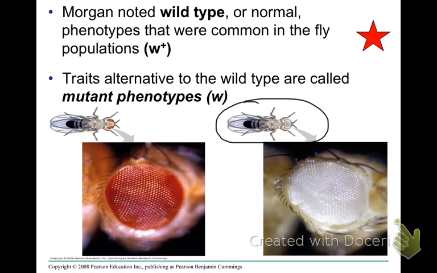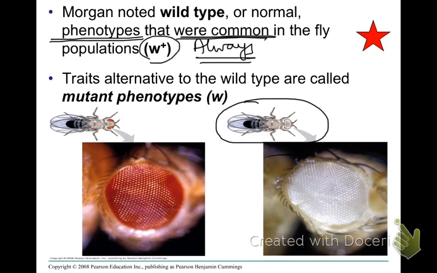So, the genetic makeup that you would normally see, meaning the normal phenotype that you would always see, or that which was common, is called wild type, and they labeled it as W plus.